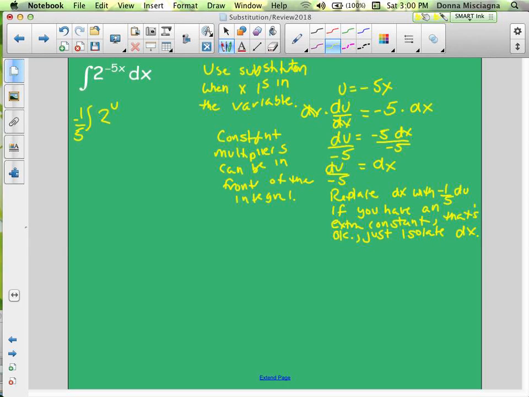All right, so now we integrate. So this would be negative 1/5. Now we're integrating something, a base to a power.